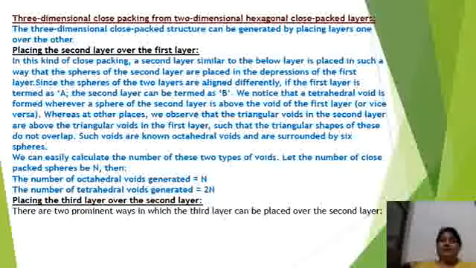The second will be generated by placing hexagonal, means 1 2 3 4, AB type.